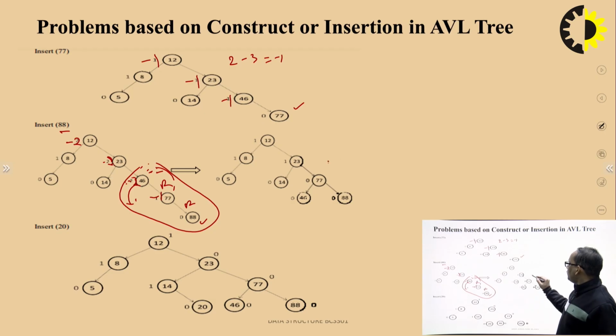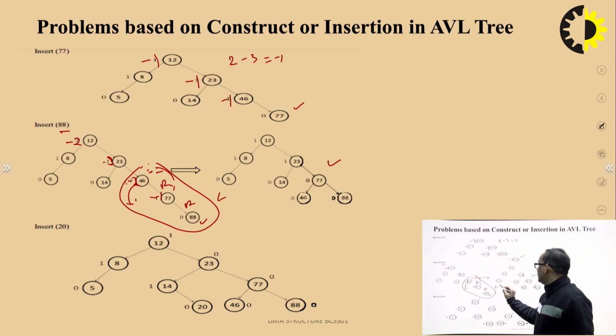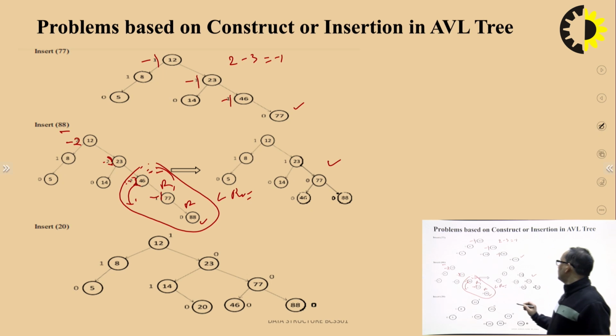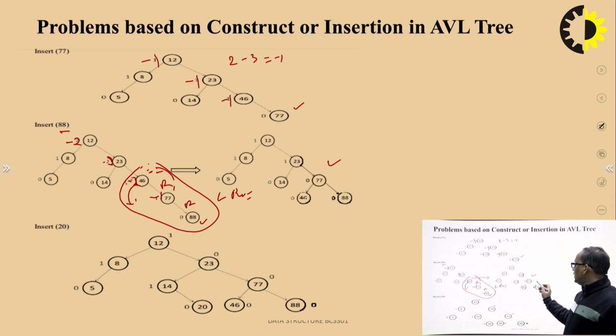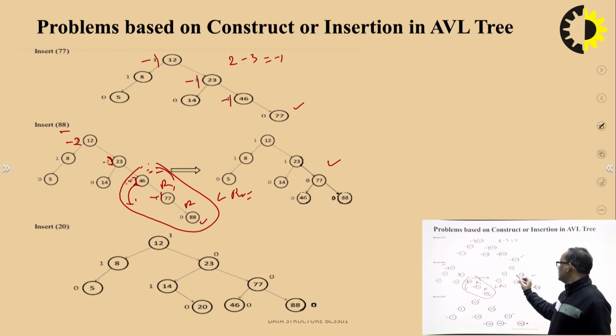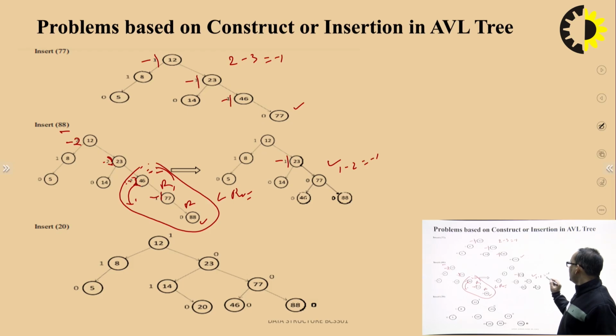After performing the left rotation on it, this will be the tree. Balance factor of 88 is 0, balance factor of 46 is 0, balance factor of 77 is 0. Now balance factor of 14 is 0 and balance factor of 23 will be -1, because left subtree height is 1 and right subtree height is 2. So 1 minus 2 will be -1.